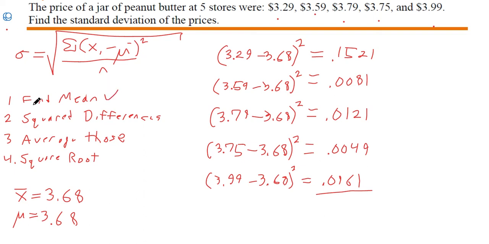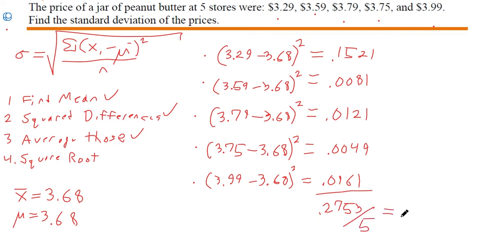So we found the mean, and then we took all the square differences. Now what we need to do is average all of these. So we're going to add them all up and divide by how many there are, which if you recall, 1, 2, 3, 4, 5, there's 5 numbers. So 0.1521 plus 0.0081 plus 0.0121 plus 0.0049 plus 0.0961 gives you a sum of 0.2753, and we divide that by 5.